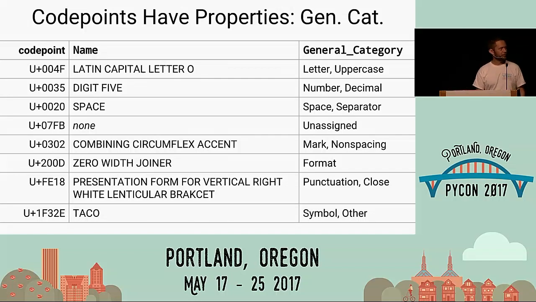Another property is general category. This is a stand-in for when we say letters and numbers. In regexes, when you define character classes as digits, this is how you pick which actual characters you're going to match. Again, these are open categories. New characters can be added in later revisions of Unicode.